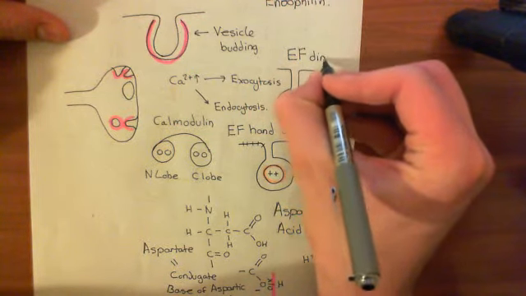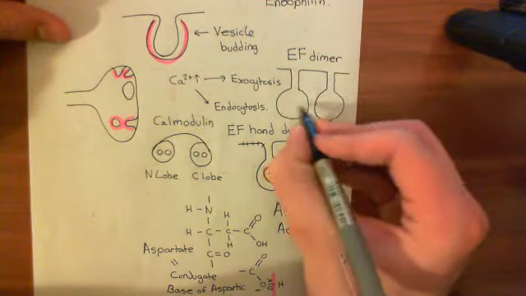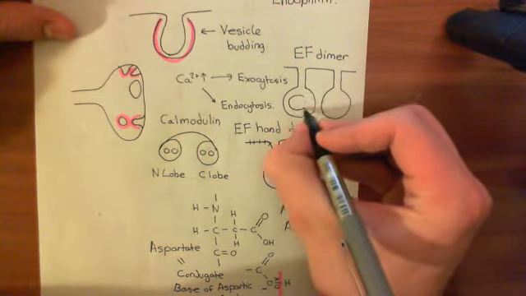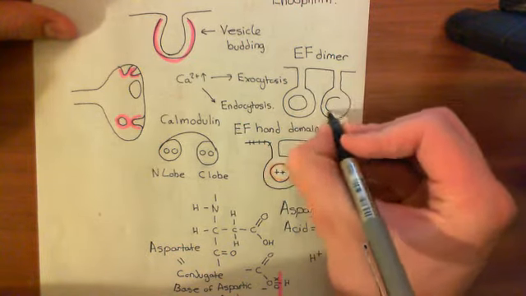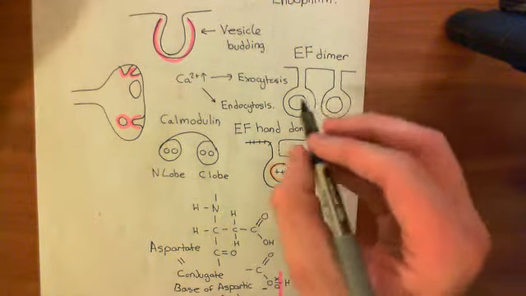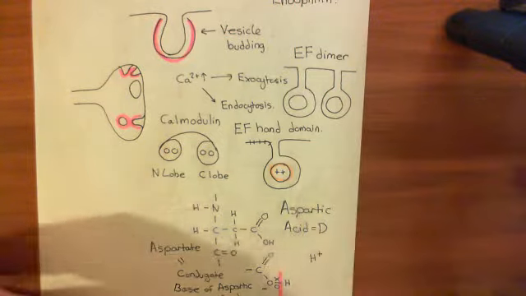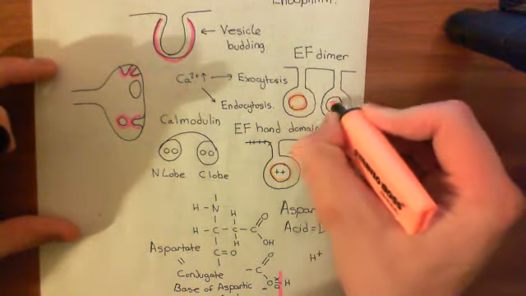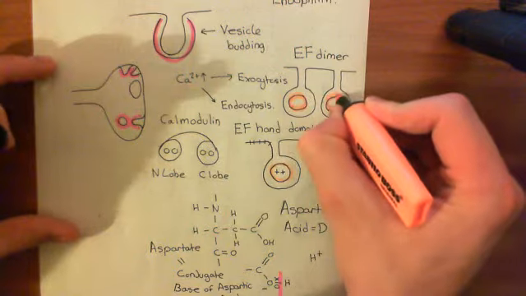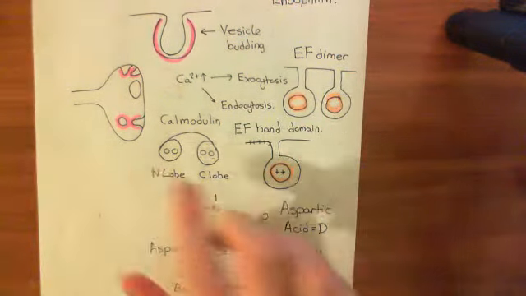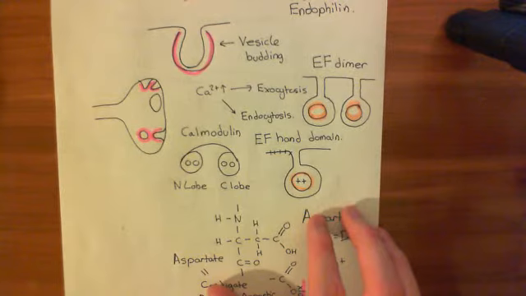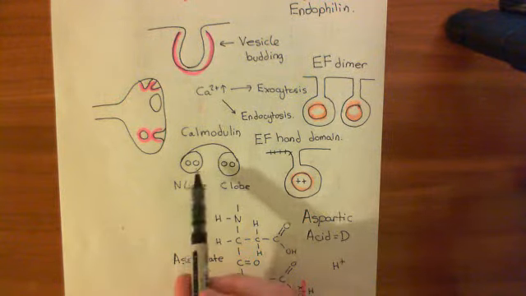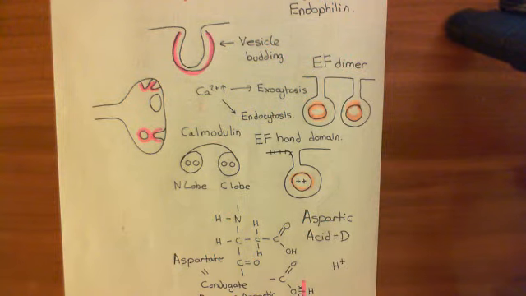Okay, now, each of these loops is capable of binding a calcium ion, so you can put a calcium ion in this EF hand domain, and a calcium ion in this EF hand domain. So basically you've got two calcium binding sites next to each other. This sort of structure is what you have in Calmodulin. You have an EF dimer in each of these two lobes. You have an EF dimer in the N lobe and an EF dimer in the C lobe, and that's how you get these two calcium binding sites next to each other.